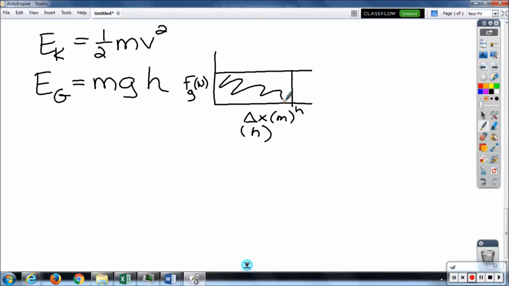If I'm doing positive work to lift, gravity is doing negative work. When gravity does negative work, it stores energy. Conservative forces store energy when they do negative work.